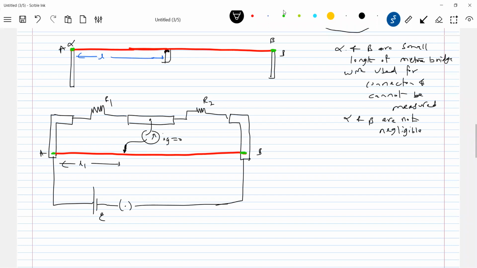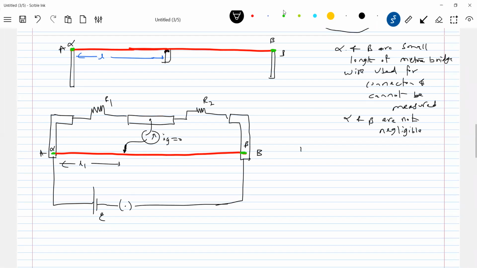Now this is alpha, and this is beta. The bridge is balanced, current through the galvanometer is 0. Alpha and beta are lengths of the segments, not resistances: small lengths of meter bridge wire used for connection and cannot be measured.